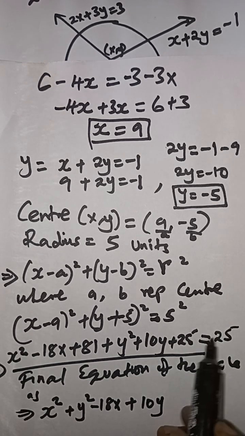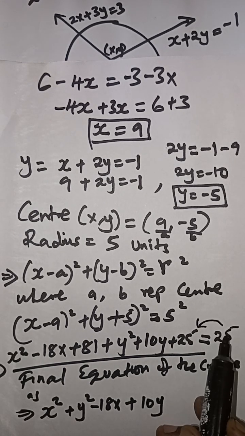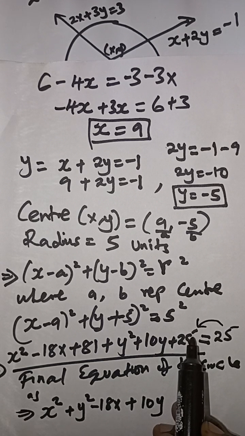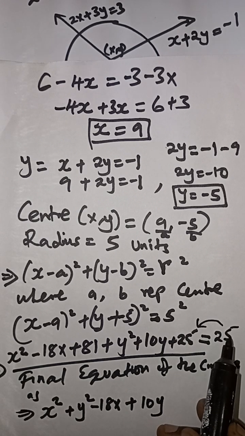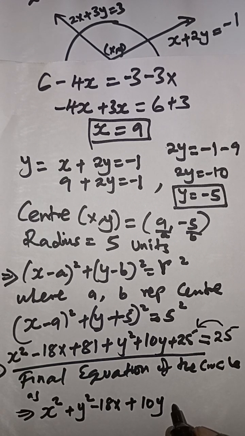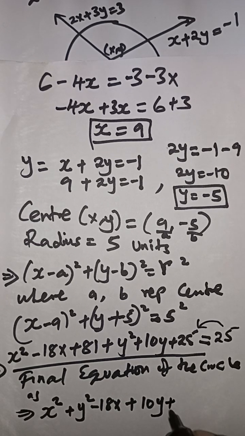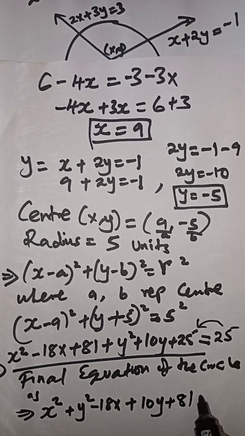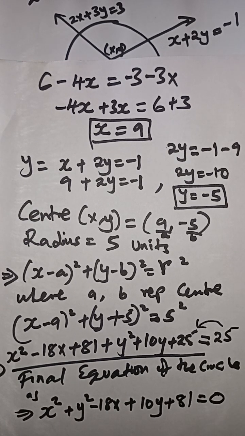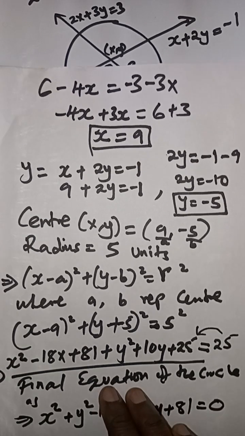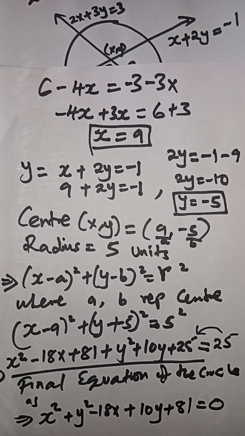Of course, when you take 25 to this side, it's going to end up as 0 and this side remains 0. So I'll only remain with 81 equals 0 as the final equation of the circle which was required.